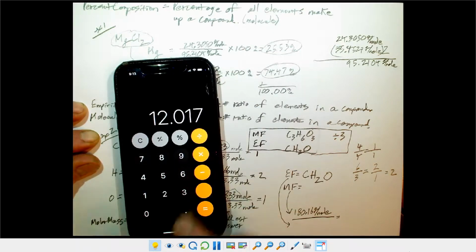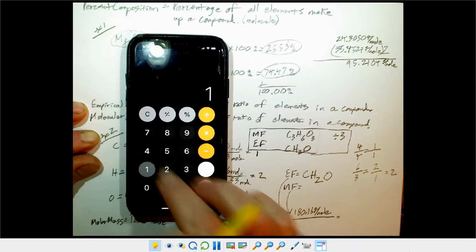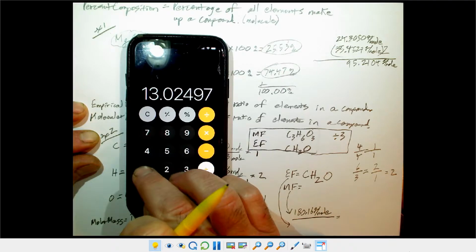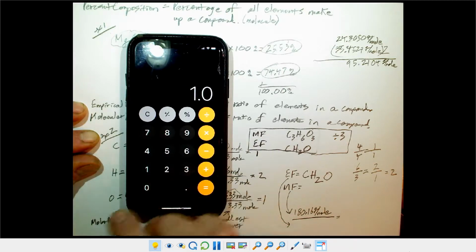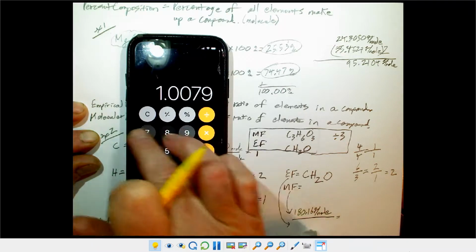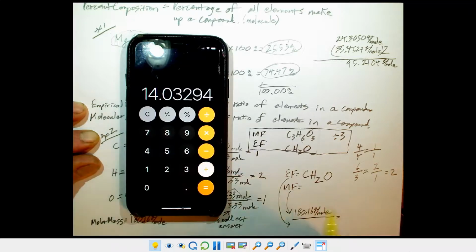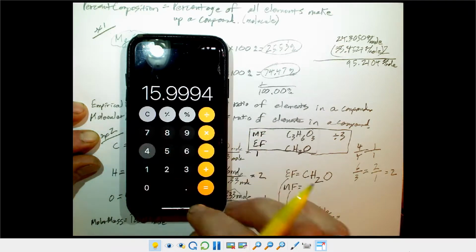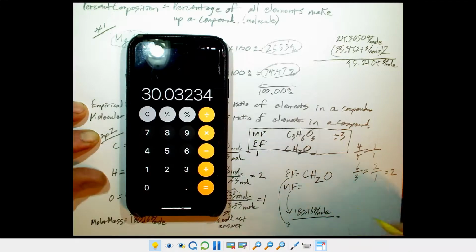We're going to add that to 2 hydrogens, which are 1.00797, and then add that to an oxygen, which is 15.9994. And so that gives us, for this number, 30.03 grams per mole.